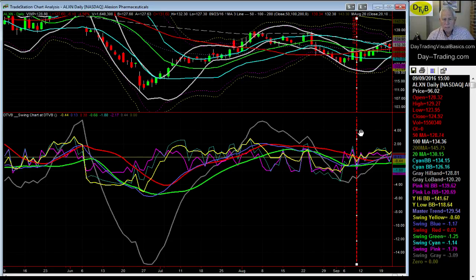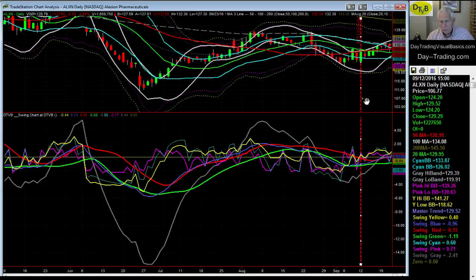Because the TOC pattern is generally in an above 0 situation, and to find it in a below 0 situation, especially on a slow moving line like the swing gray, is what kicks it in more so than other types of lines. When this happens, you can almost always count on the following day going up. We've got a TOC higher pattern, and it goes up the next day.